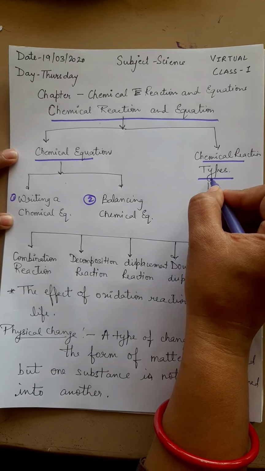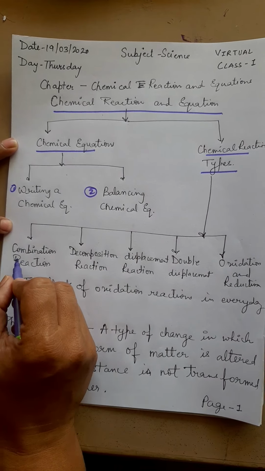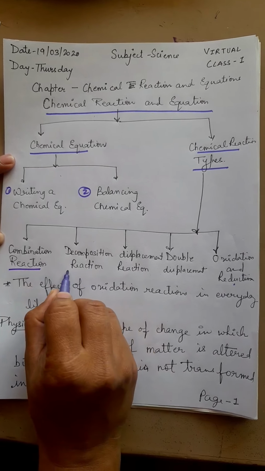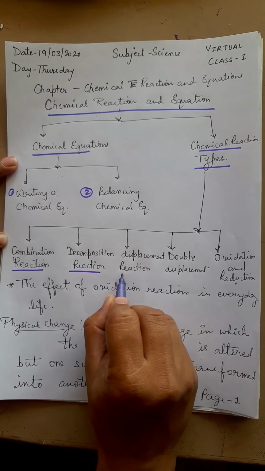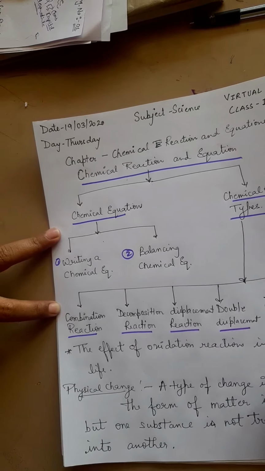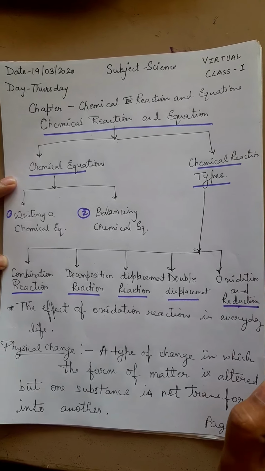In types of chemical reactions, there are 5 types: combination reaction, decomposition reaction, displacement reaction, double displacement reaction, and oxidation and reduction reaction.